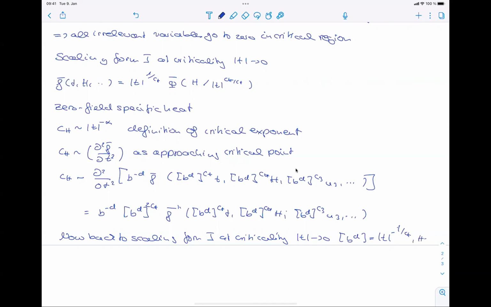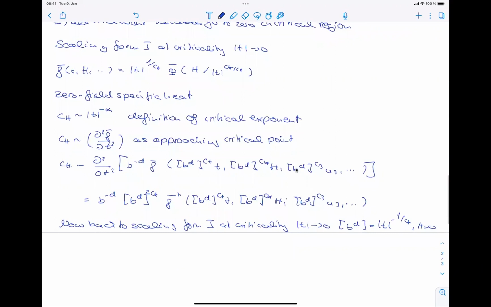And we send the field to 0 to then have c_h, just plugging it back in, is t to the -2 from the second factor and +1 over c_t from the first factor, and the scaling form h.